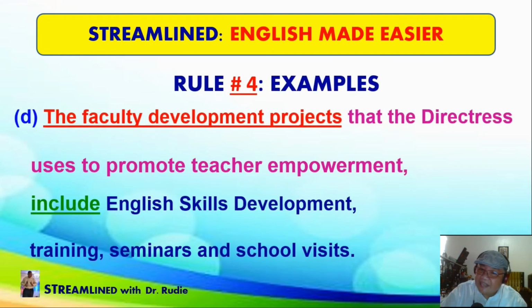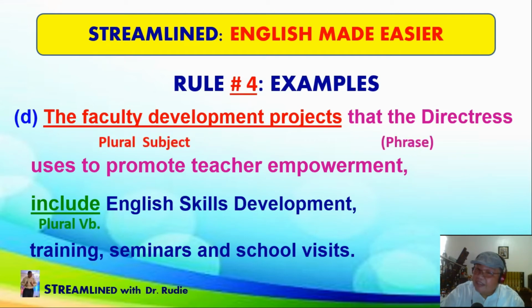And the last example for rule number 4. The faculty development projects that the directress uses to promote teacher empowerment include English skills development, training, seminars, and school visits. In this sentence, our subject is the faculty development projects. It is plural in form.